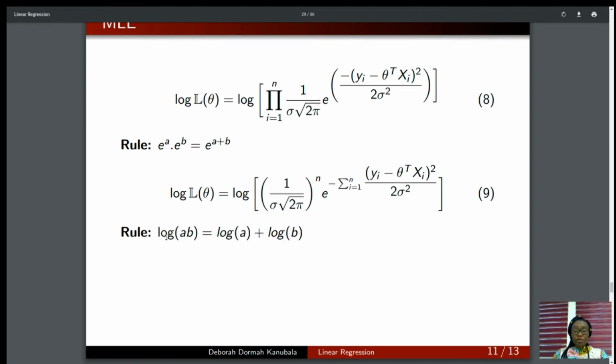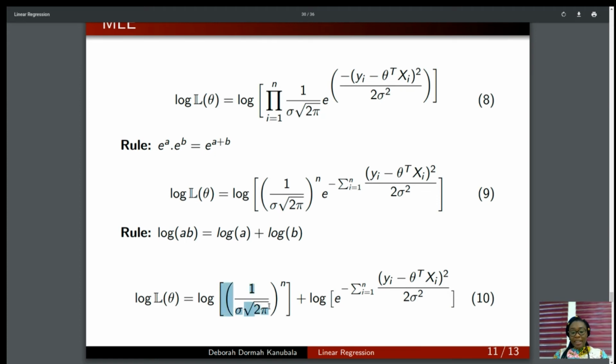Now the next rule I would want us to use is that the log of a times b is equal to log of a plus log of b. So now we can apply the log through this system. We're going to have the log of only that and then the log of only this, which is the same as expressing it as a sum.